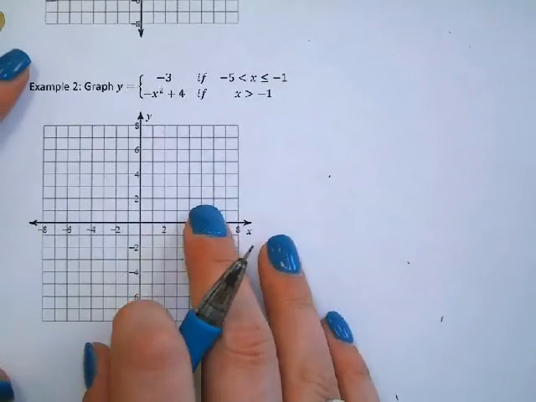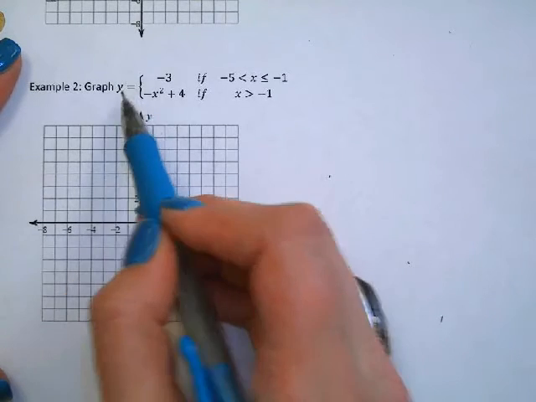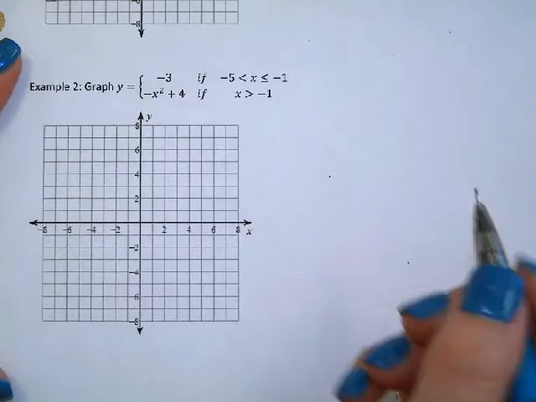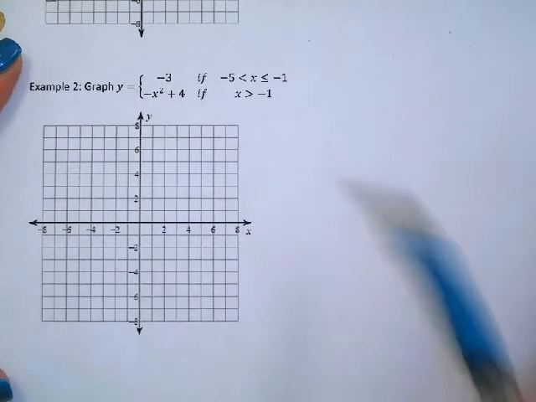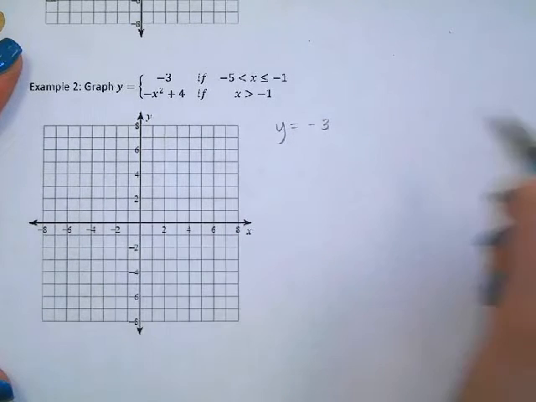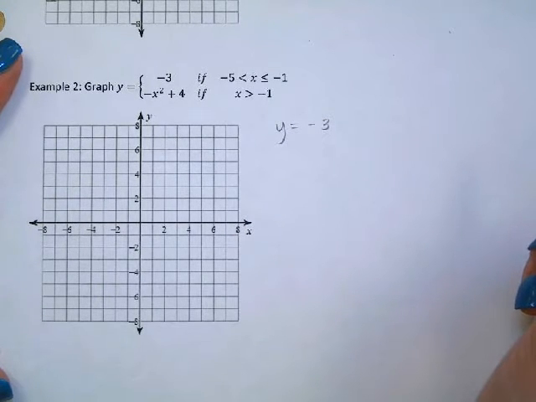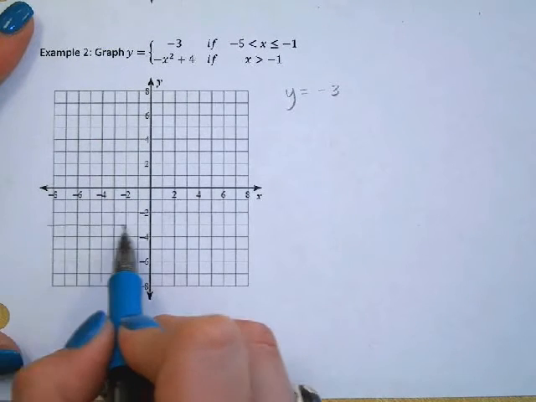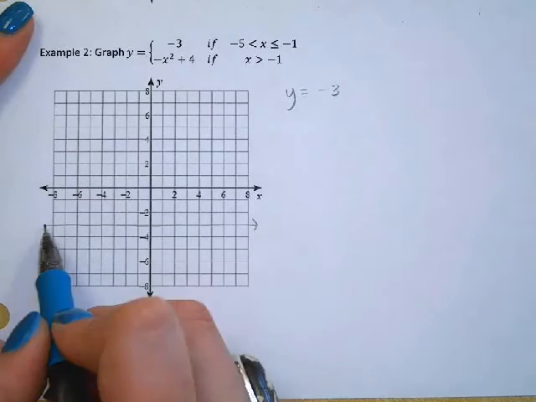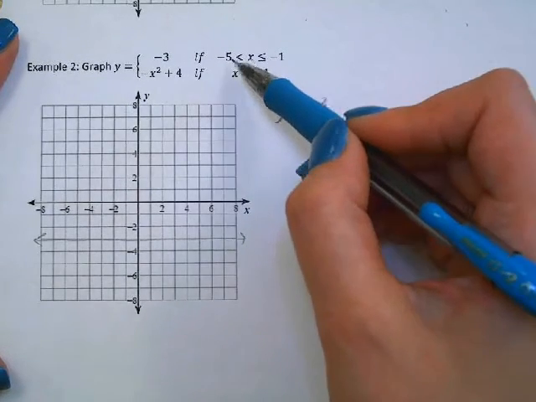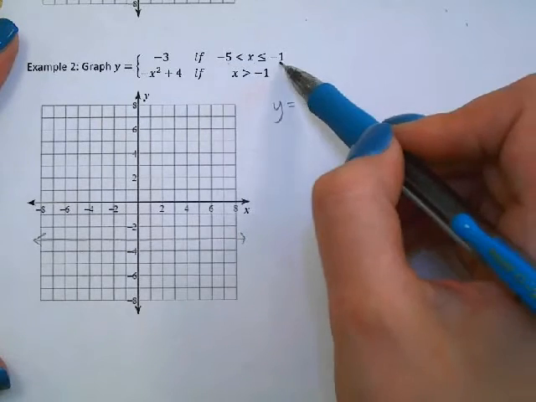All right. Next, we have this piecewise function. We have y equals -3 for these values, y equals -x squared plus 4 for the other ones. So here, when it says y equals -3, that's actually a horizontal line. So y equals -3, that's a horizontal line at -3. And here it says that we're using that if the x value is between -5 and -1.